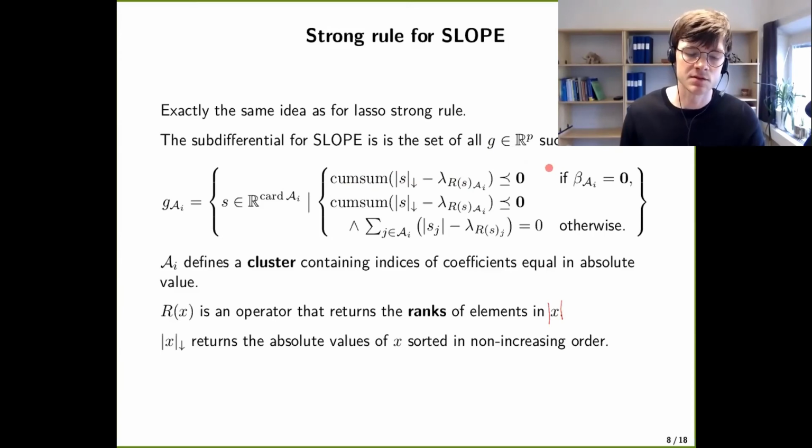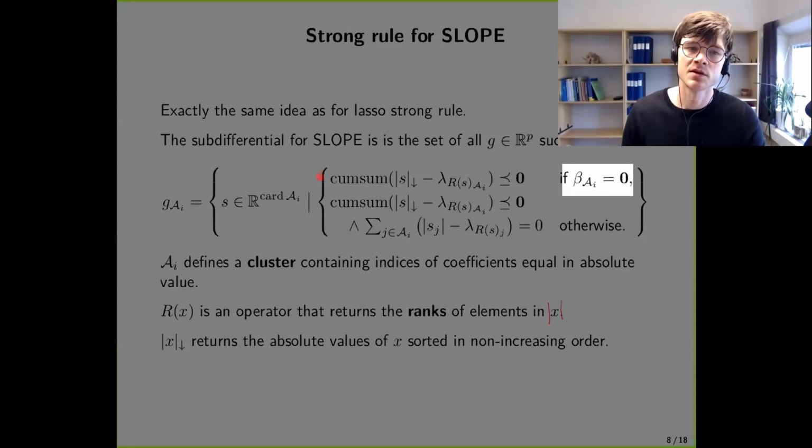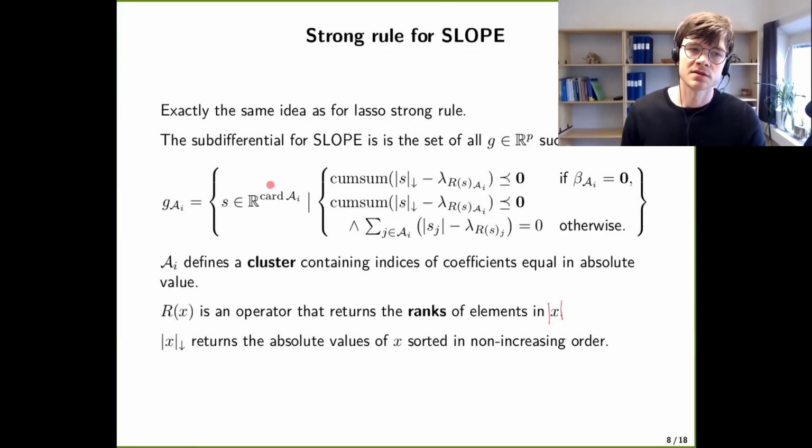So just as we did with the subgradient for lasso, we're going to say that if all the coefficients in a cluster are equal to 0, then the subgradient is S in this space for which this condition holds. So we're taking the cumulative sum here of differences of the sorted S absolutes minus a subvector of lambda. We're going to check that each of these elements is less than or equal to 0.